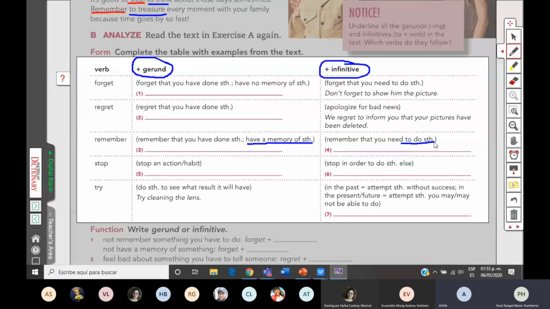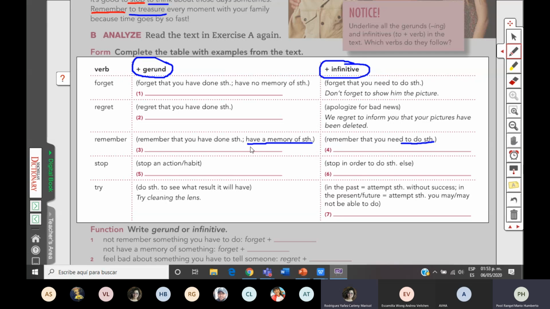Remember to do your homework. So it's not a memory, it's something that you need to do. So it's different when I use remember with gerund and remember with infinitive. ¿Sí? Cuando es gerund, es como un adverbio que modifica el verbo, y el infinitive pues es en sí el verbo.